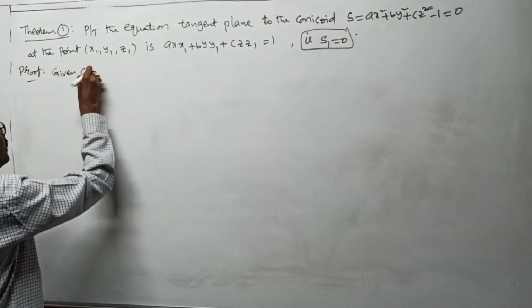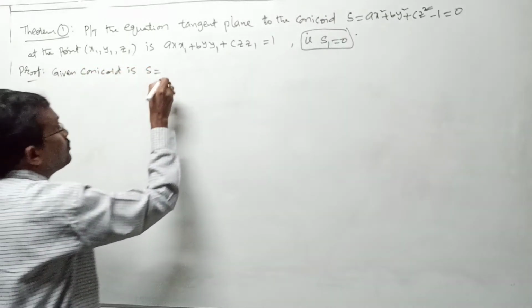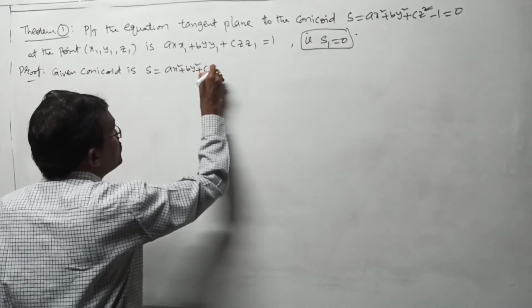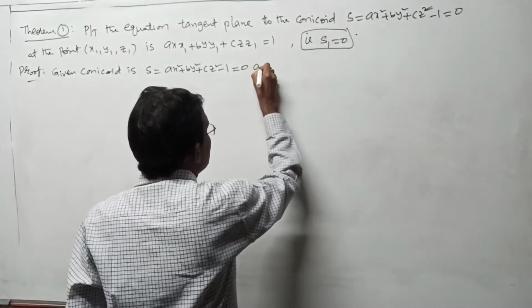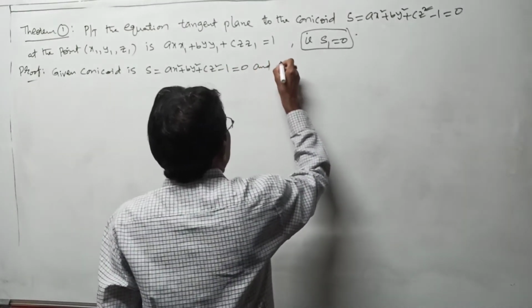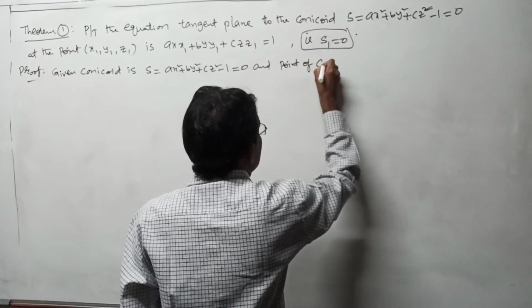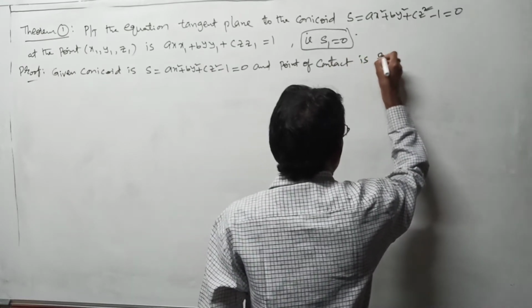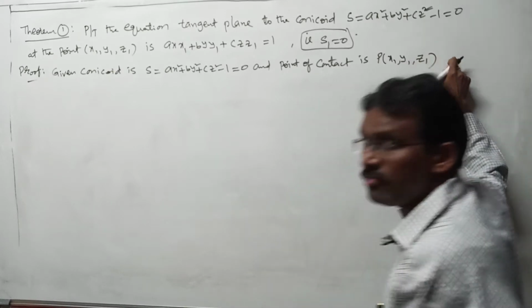Given conicoid is S equal to ax square plus by square plus cz square minus 1 equal to 0, and the point of contact, I am denoting it with P, which is x1 y1 z1. This is the point of contact, right?